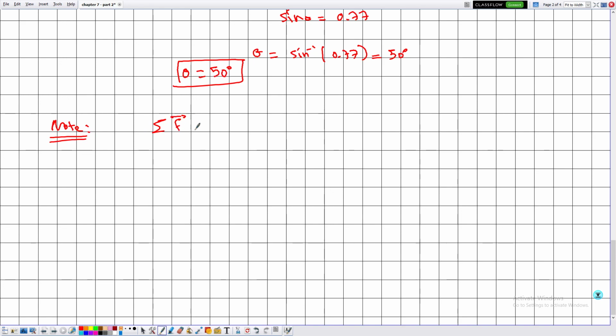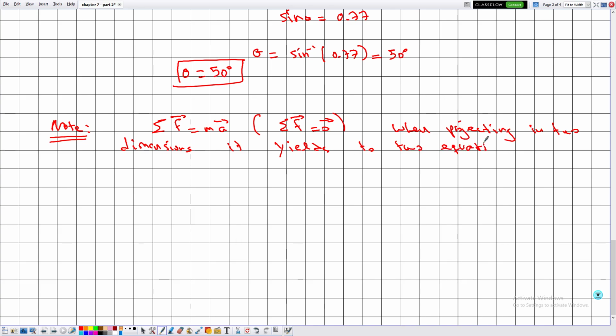Sum of forces is equal to MA, or sum of forces is equal to 0, when projecting in 2 dimensions it yields 2 equations, one equation along each dimension.